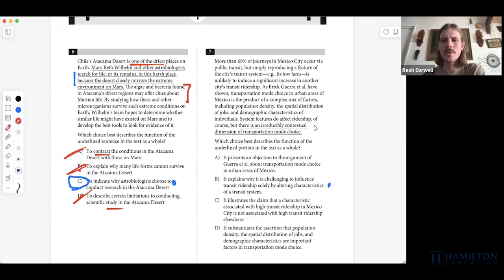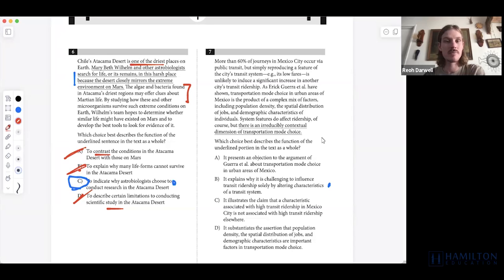So what does an irreducibly contextual dimension of transportation mode choice mean? Means that your mode choice, meaning whether you take a car or a bus or a train or a bike, is always based on the context, right?